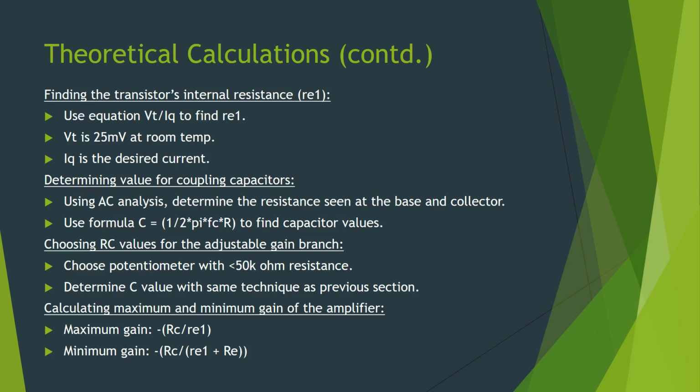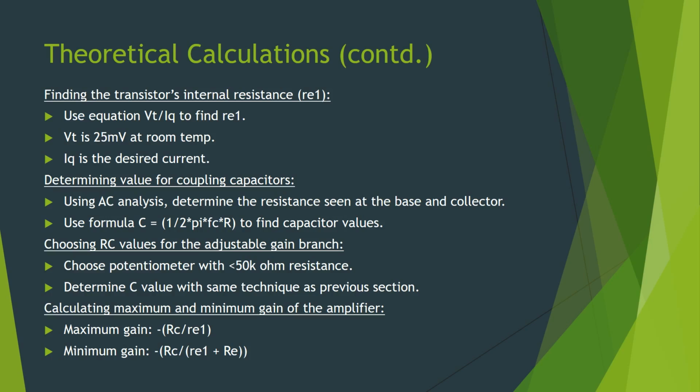To determine the capacitance value, you use the same techniques as before: 1 over 2 pi times 50 times Re prime plus the value of the gain resistor, which at the lowest value would be 1. So we get 122 microfarads, which I've approximated to 94, based on the capacitor values that I have on hand to build the circuit with. This is the most practical value.